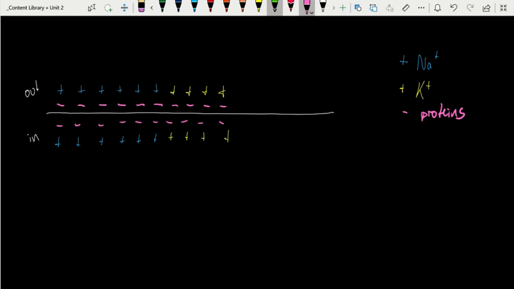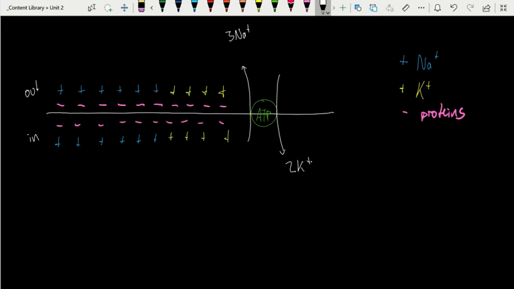The sodium-potassium pump works, we'll draw it right here, by using ATP to pump 3 sodium out, and likewise 2 potassium in. Now this isn't a simultaneous event. This isn't like an antiporter. This is it pumping in one direction, then pumping in the other direction, then one direction, the other direction.